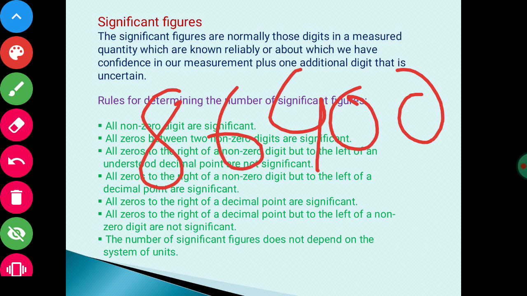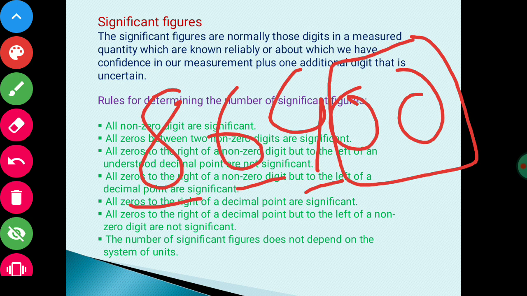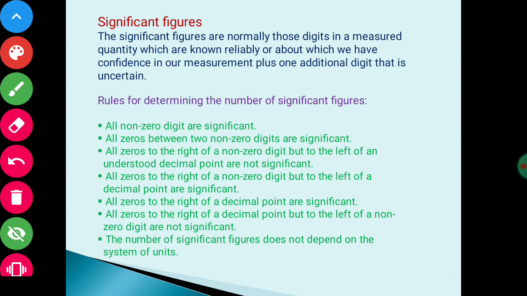How many significant figures are there? 3: 8, 6 and 4. These two zeros, which are to the right of the non-zero digits, are not counted as significant figures. Is it clear?